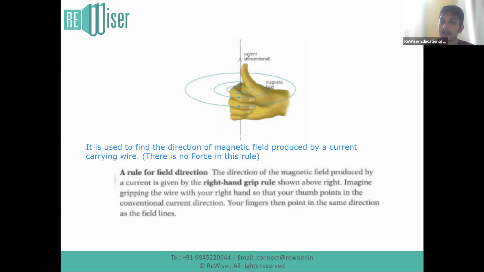In other words, current flowing through a wire is straight, then the magnetic field produced by it is around the wire and it is circular. Please remember this. That's all the rule says.